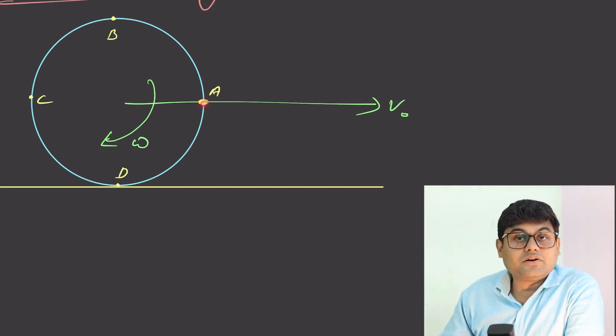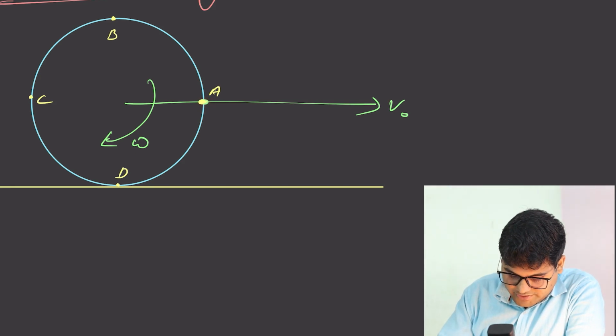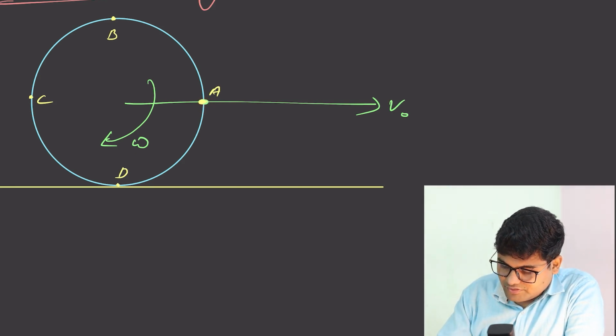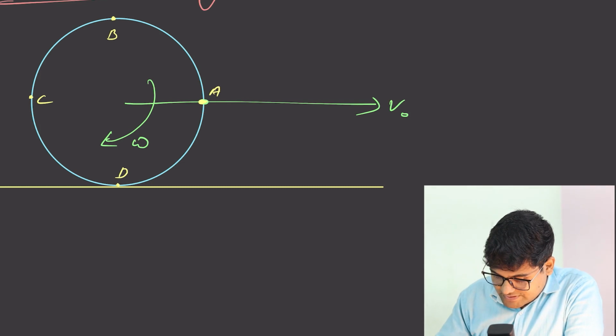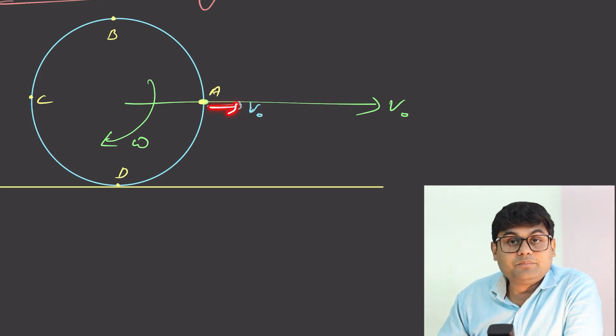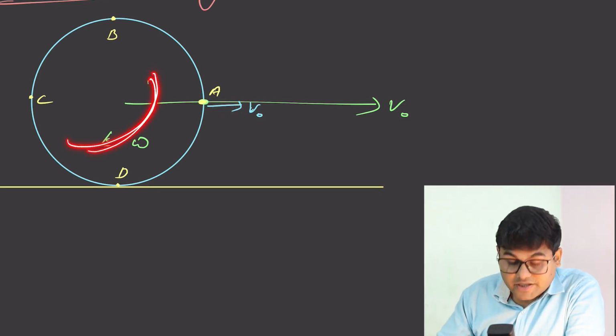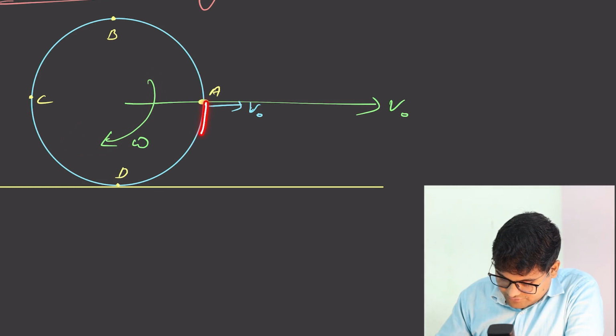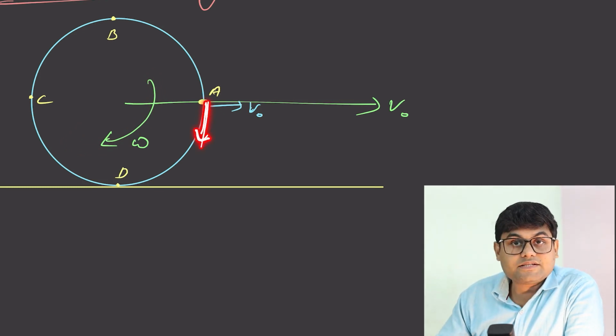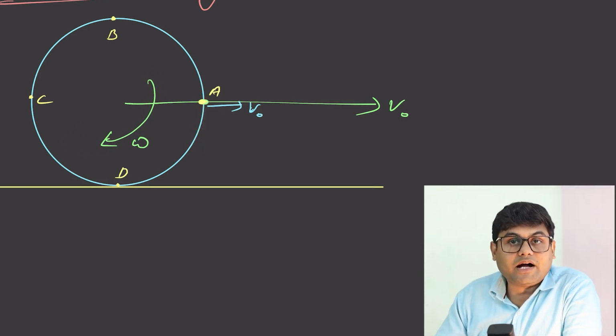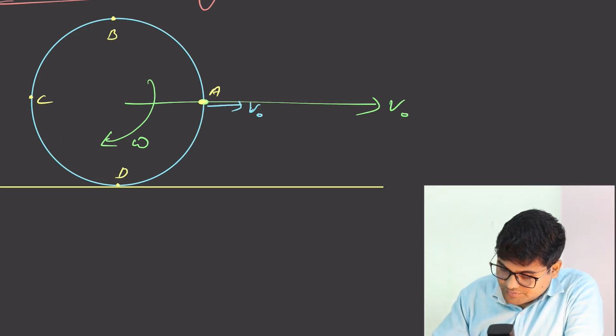So what will be the velocity of the point A? It will be the sum of the velocity because of translation, so there will be velocity in this direction with v naught, and because of rotation, since it is rotating in this direction, there will be one velocity in this direction, equal to R omega. And this velocity is because of rotation, right?